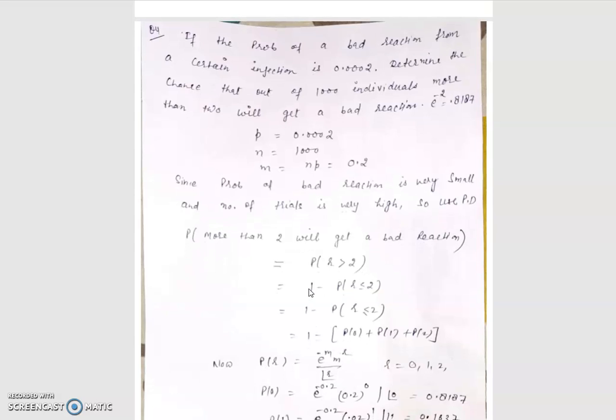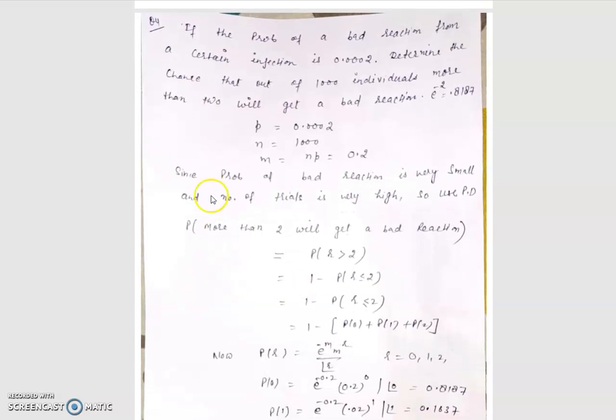This is the next example of the Poisson distribution. Here it is given that the probability of a bad reaction from a certain injection is 0.0002. Determine the chance that out of 1000 individuals more than 2 will get a bad reaction, given that e to the power minus 0.2 is 0.8187.